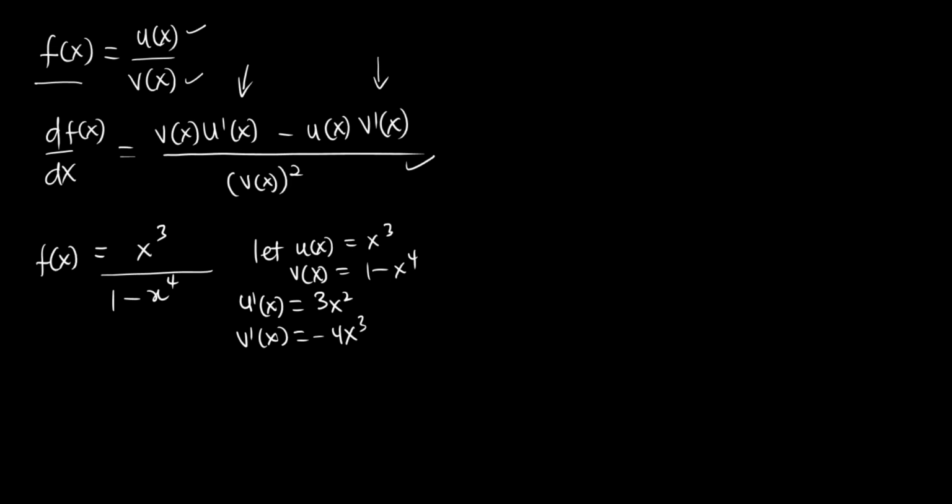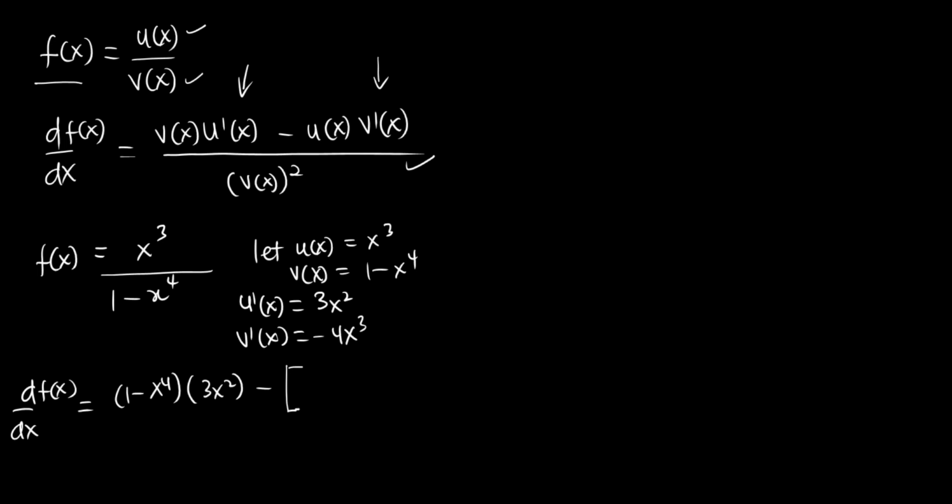Now all you have to do is to substitute these expressions into the general formula. Let's look at how you're going to do this. You're going to have df/dx equals v, which we know to be 1 minus x to the power 4, multiplying u prime of x, which is 3x squared. All this minus, and normally when I'm doing this, I bring a square bracket here so that it wouldn't confuse me when I'm multiplying.